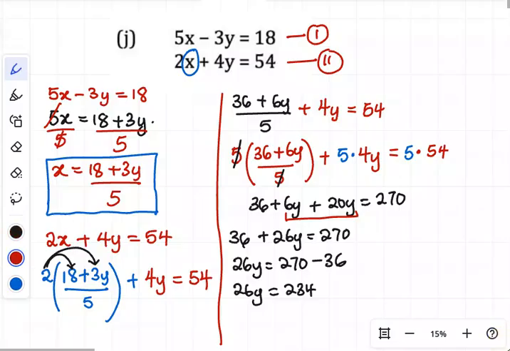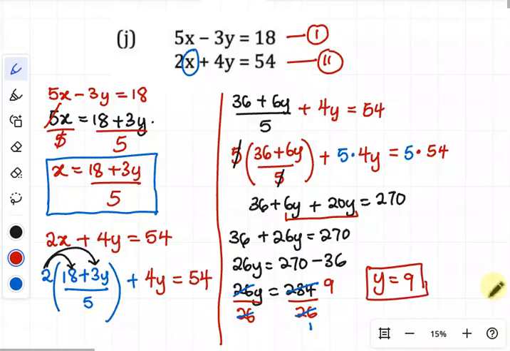Now when I divide both sides by 26, I clear off 26 here, and 234 divided by 26 should give me 9. So therefore y equals 9. You can see how I've gotten the value of y.